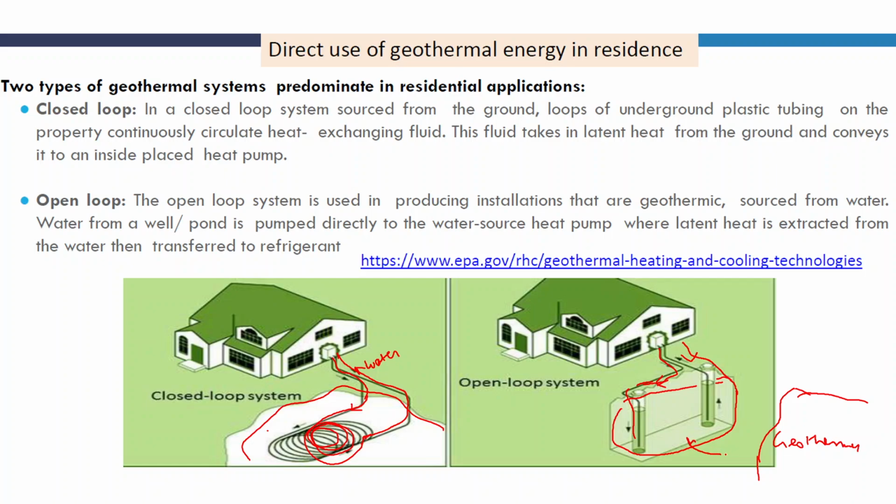This tank will have a pipeline going below the earth and coming back here. So this tank will be getting its hot water from the geothermal energy, and the hot water in this storage tank will be taken to our houses. So basically it is not a closed loop. We are either using hot water directly from here, and this hot water we are getting by extracting energy from down in the earth.